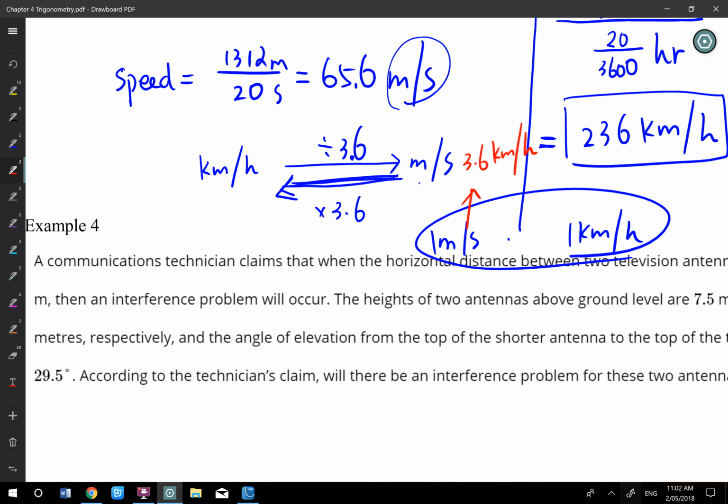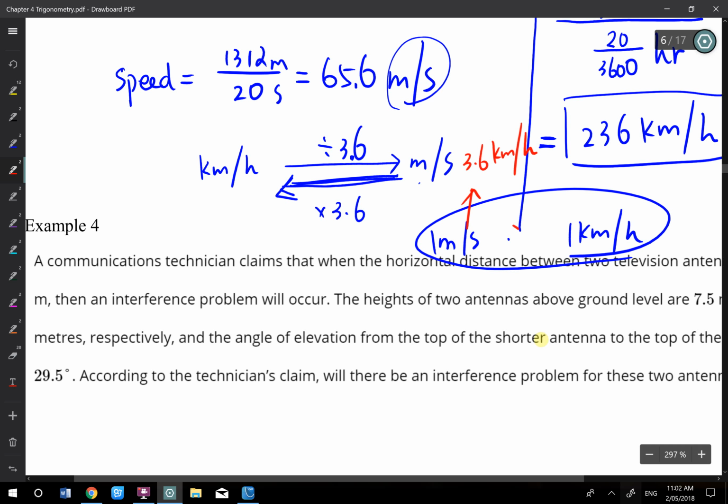Meters per second to kilometers per hour needs to be times by 3.6, and then kilometers per hour back to meters per second needs to divide by 3.6. If you convert 1 kilometer per hour to meters per second, 1 divided by 3.6 will give you point something, which is less than 1. So meter per second is the faster speed.